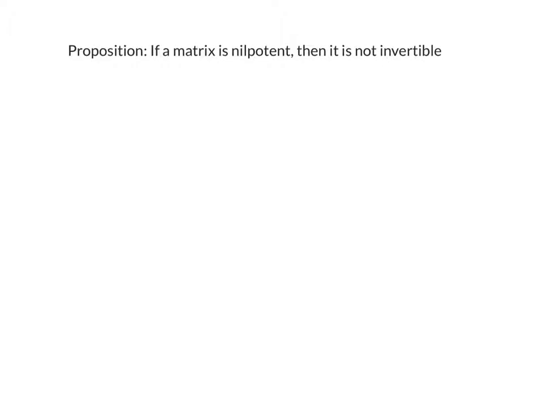So the proposition we're now going to prove is that if a matrix is nilpotent, then it can't be invertible. To prove this, we start by letting A be an n by n matrix. In shorthand, I write R n by n. We're going to let its index of nilpotence be k.